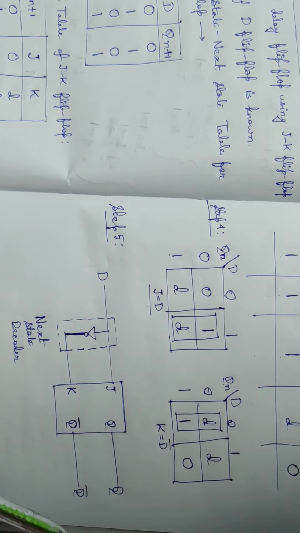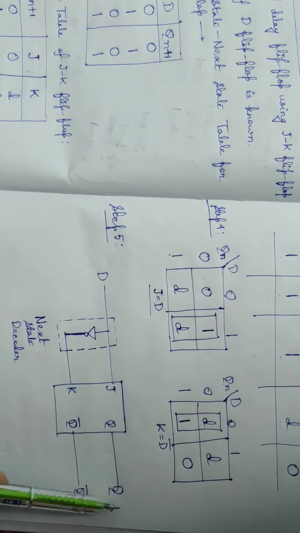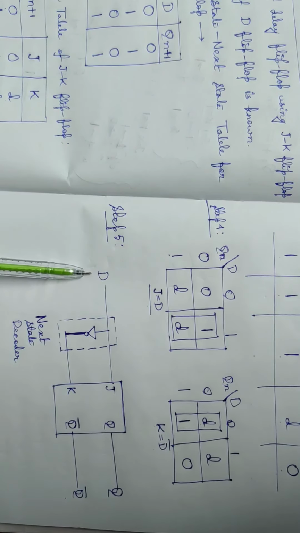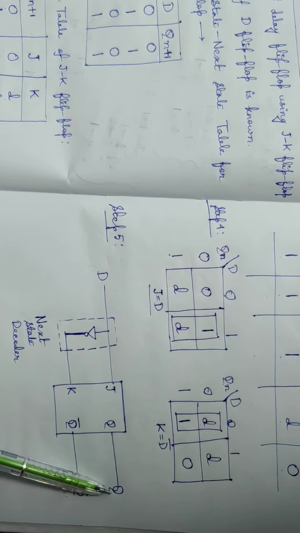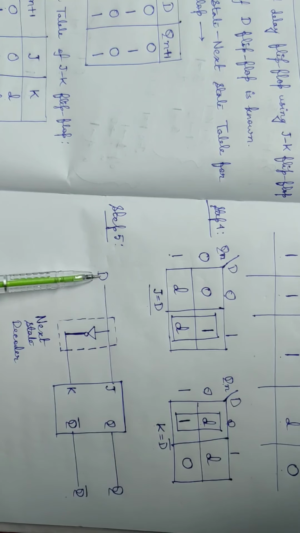And when we design this whole circuit, then the output of the JK flip-flop, that is Q and Q bar, will change according to the input values of D. That means this whole thing will behave as a D flip-flop, because whatever input values we give to this D input, we will get our output according to that D input value.